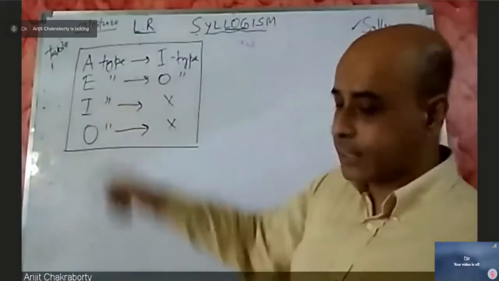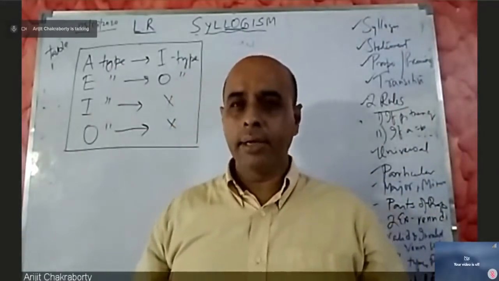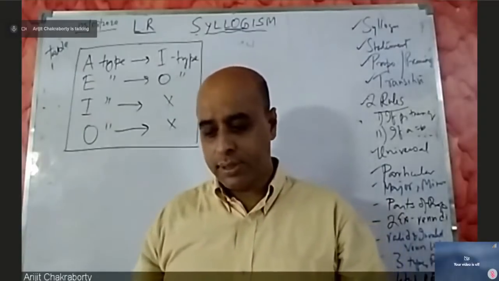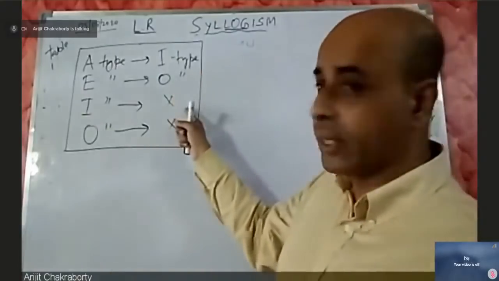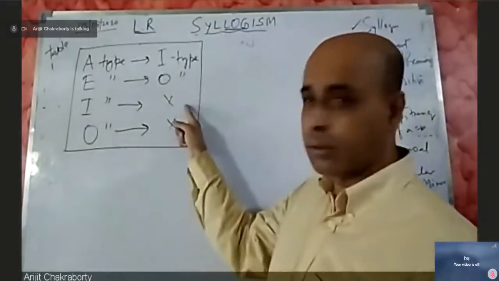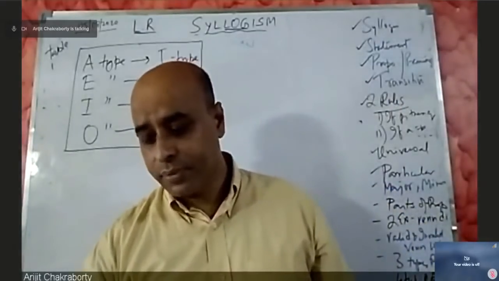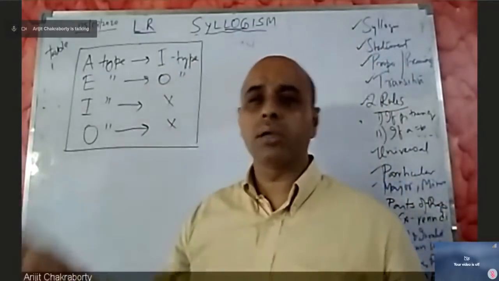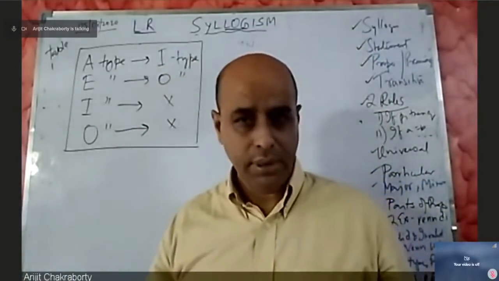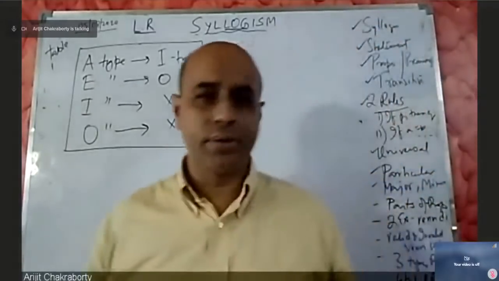Okay, now we take I type. I type means particular and positive. If I say some chairs are tables, there is no valid conclusion from here. So a cross. Similarly, O type: if I say some boys are not brave, no valid conclusion can be drawn from here.